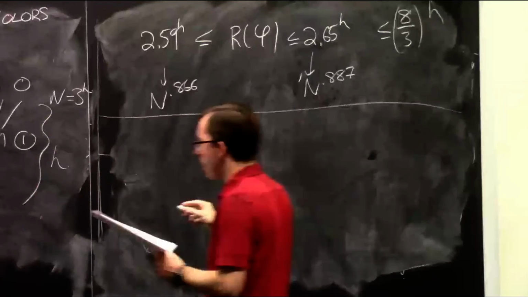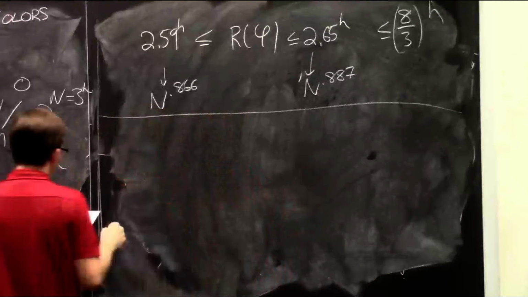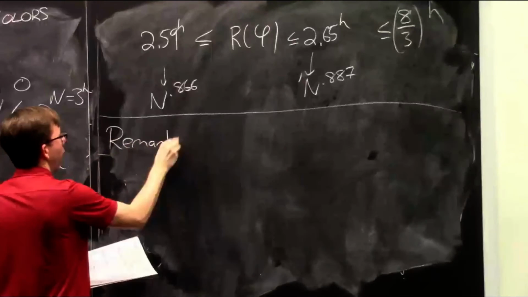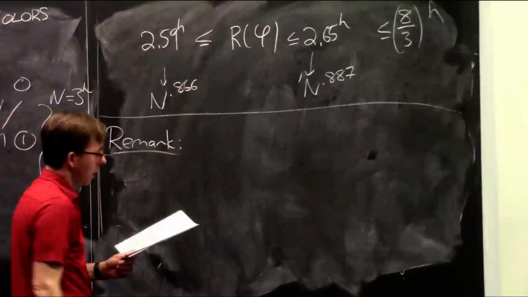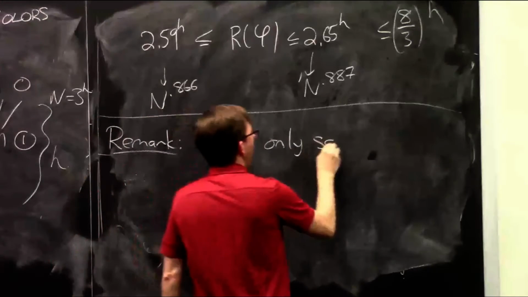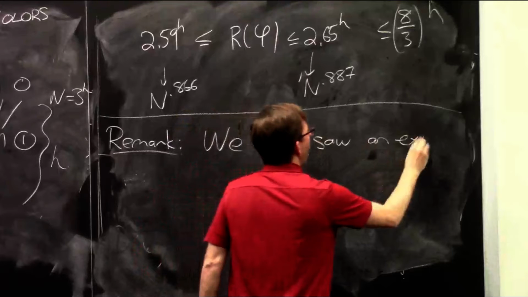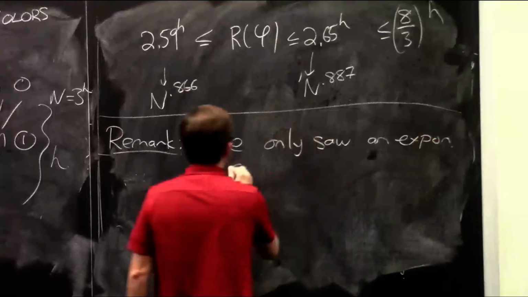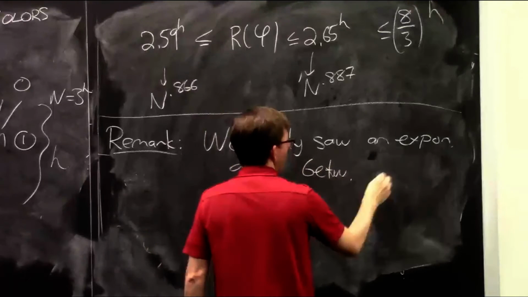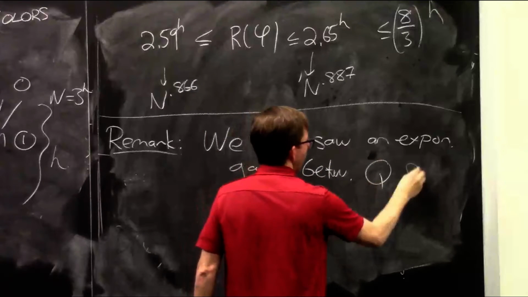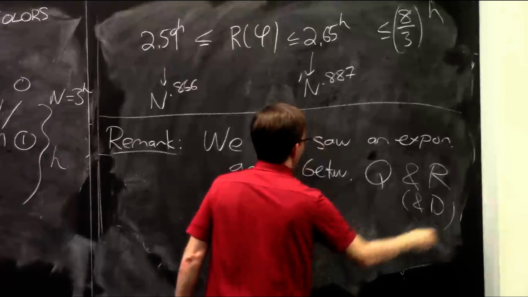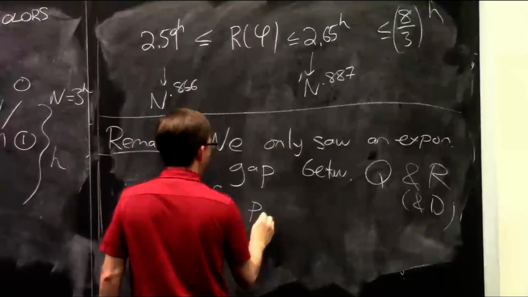So we've seen a bunch of examples. And now I want to make a remark. We only ever saw an exponential gap between Q and R. In fact, even between Q and D for promise problems.